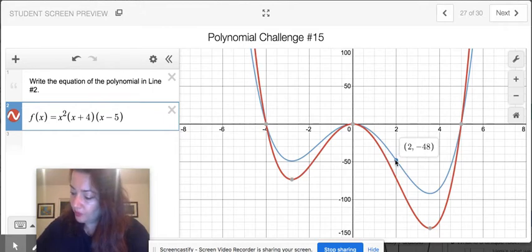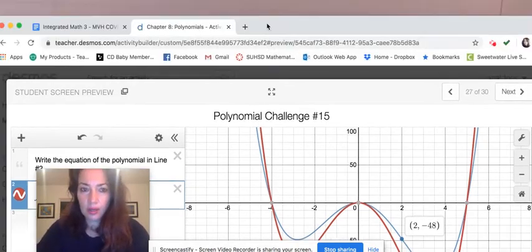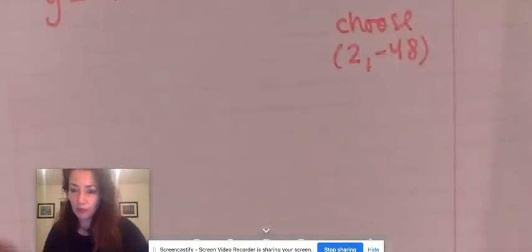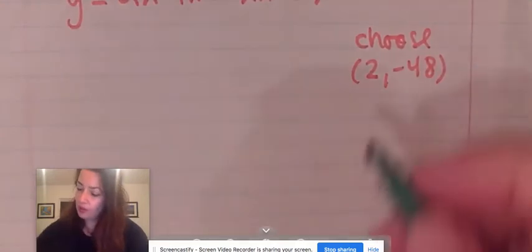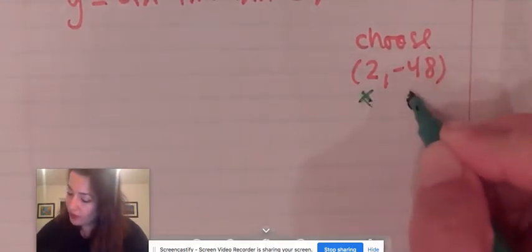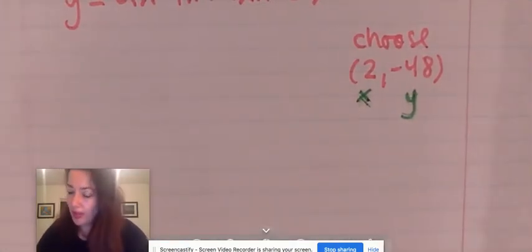Okay, let's go ahead and see what that looks like on paper. If you recall, this here is my x value and this is my y. So if I plug these values into x and y, I can calculate my a.